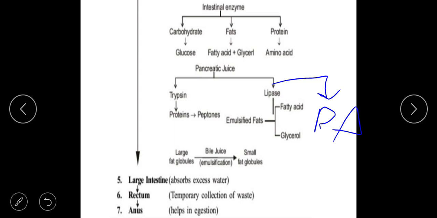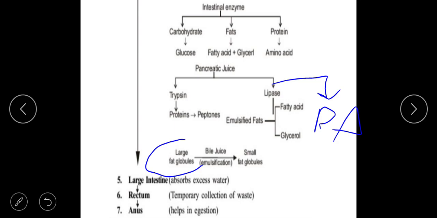In the last, here you can mention, large fat globules are converted into small fat globules with the help of the bile juice. This bile juice, what is there? The bile salts. So this process is known as emulsification. A question can be asked: what is emulsification? Here complete digestion of the fats of the food has taken place.